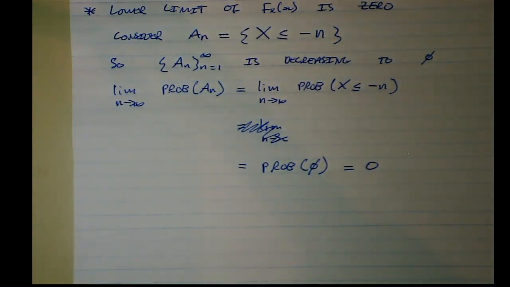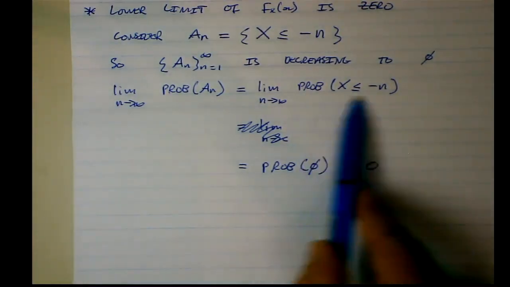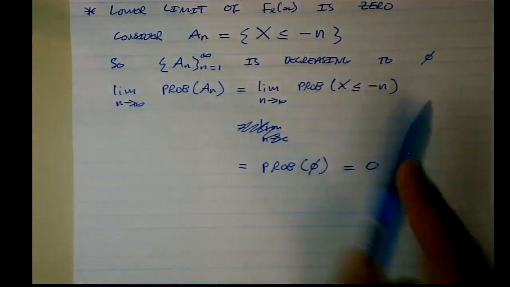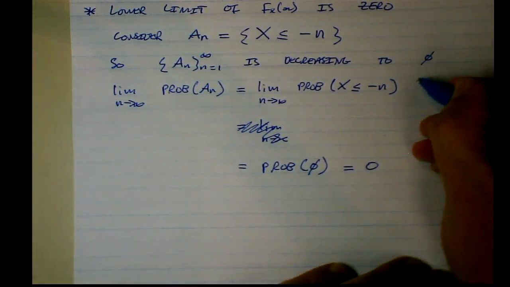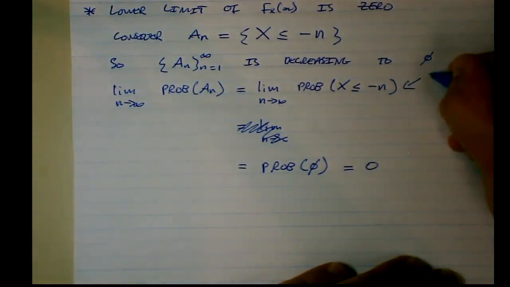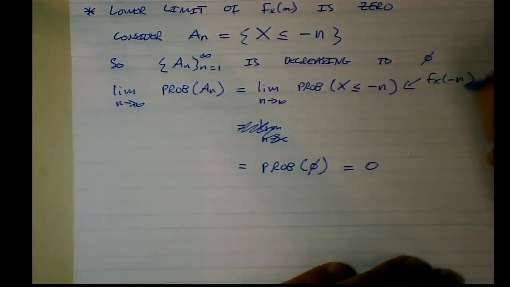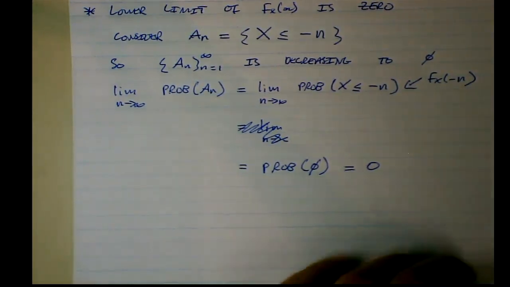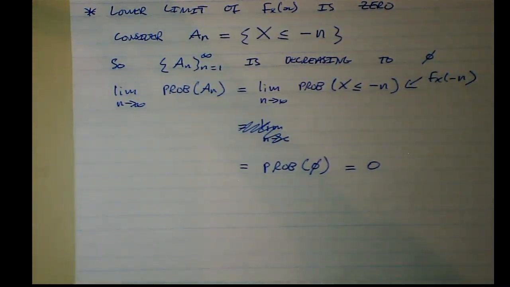And that's it. Why? Because this is F_X of minus n. If n goes to infinity, minus n goes to minus infinity.